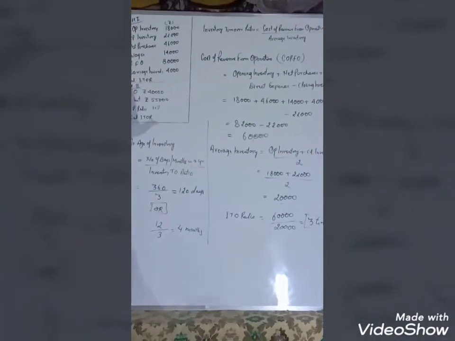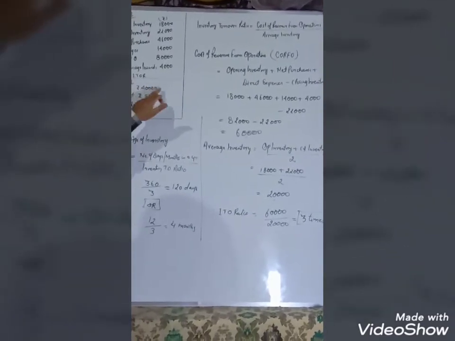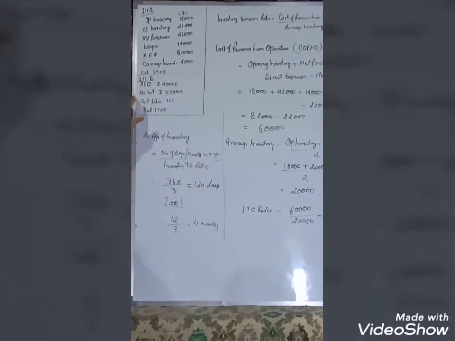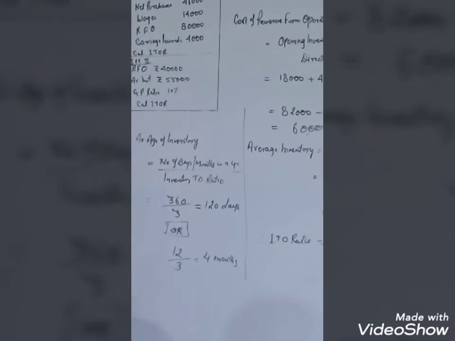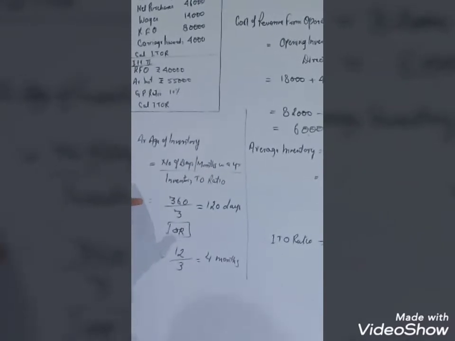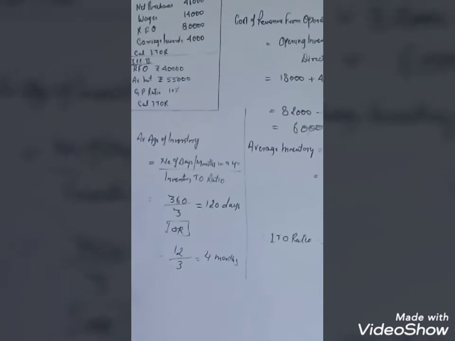Now we will take yet another example. We are given revenue from operations rupees 40,000, average inventory rupees 55,000 and gross profit ratio is 10%. On the basis of this information, we have to calculate inventory turnover ratio.